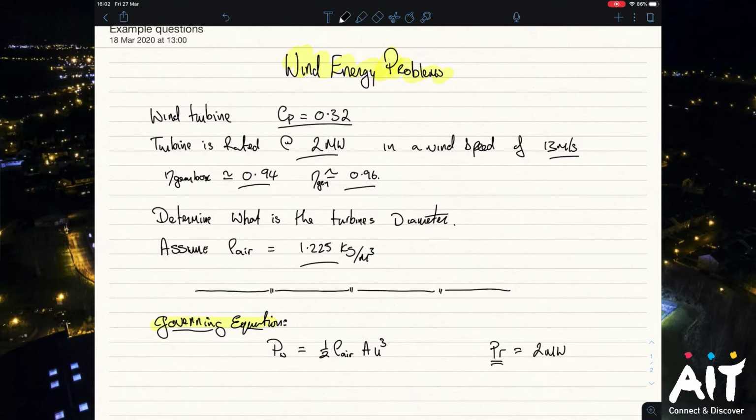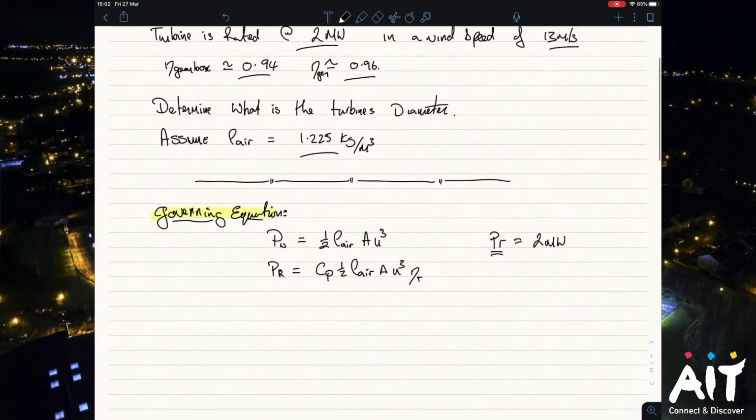So the rated power P_R is equal to the coefficient of performance multiplied by 1/2 times the density of air times the area times the wind speed cubed multiplied by the efficiency, and that's the total efficiency. This is the formula that we're going to want to use in this problem.